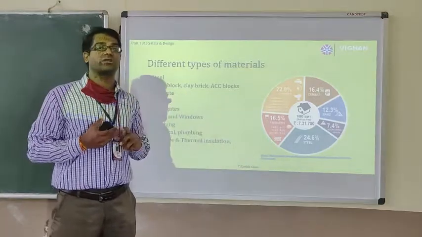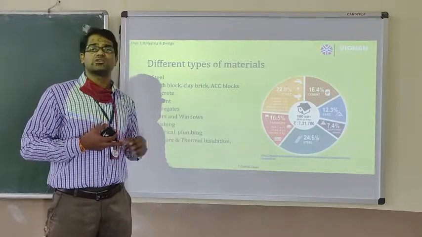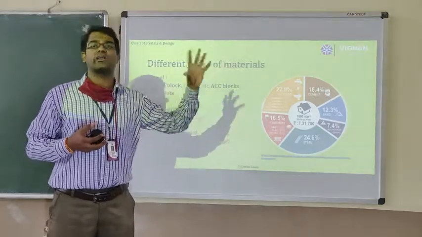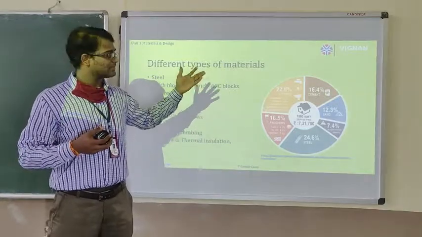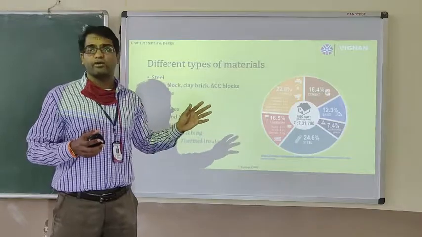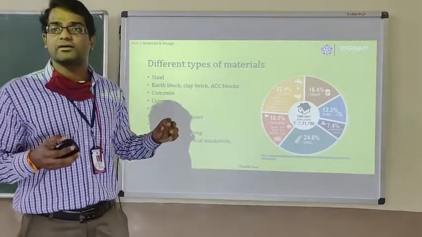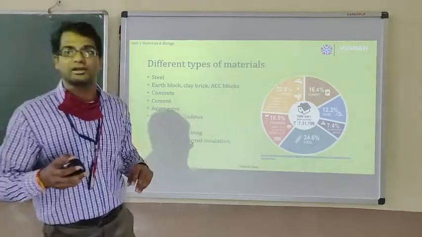That takes about 22%, which is almost 3% less. So this infographic gives you an idea of how much volume of materials you need to have. The cement is about 16%, 12% is about sand, and 7.4% is about gravel aggregates, right?